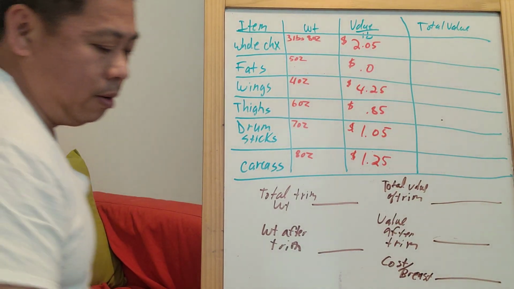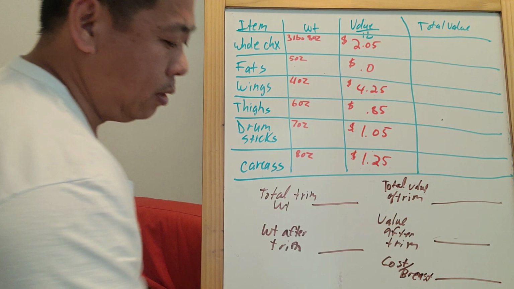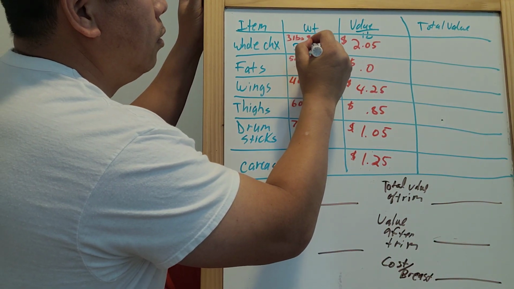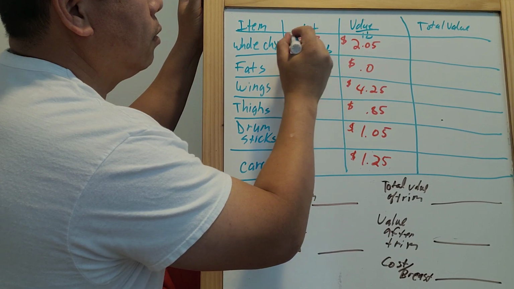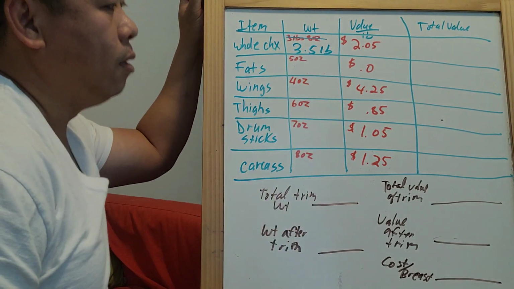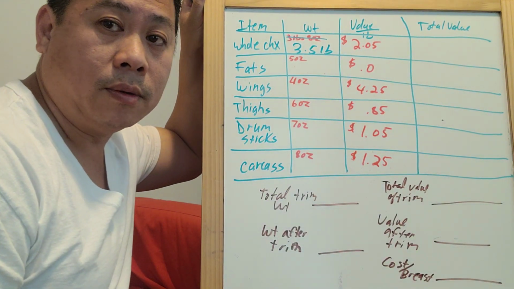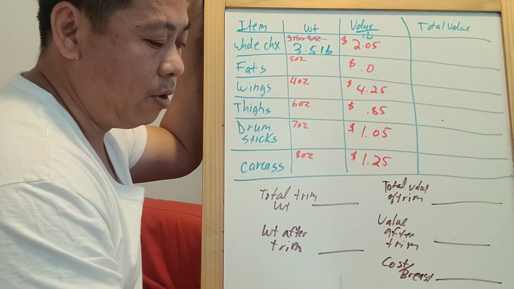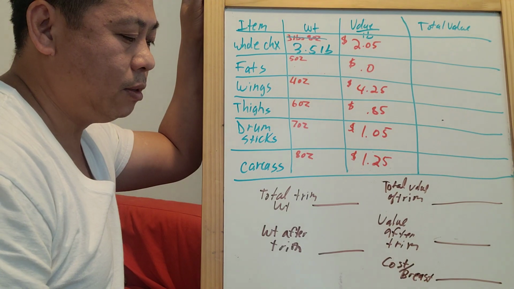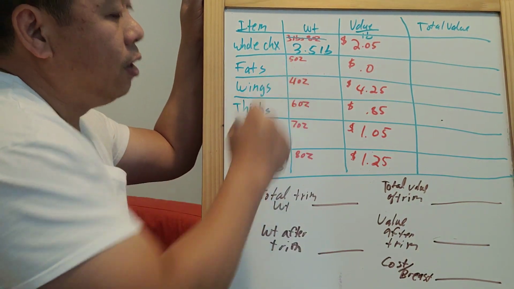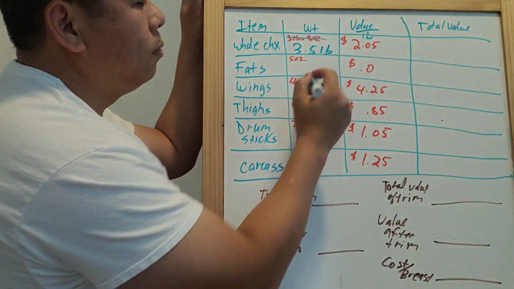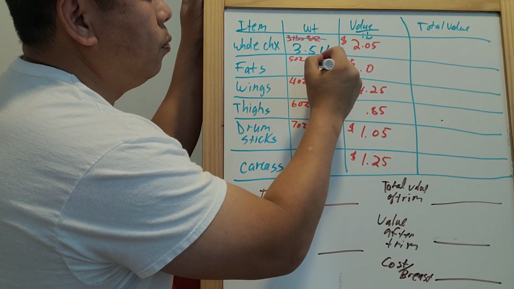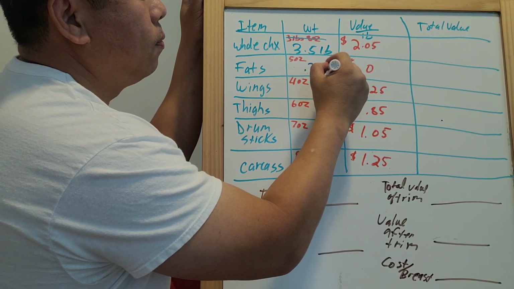So the whole weight of this chicken is about 3.5 pounds. Now we're all in one unit, a pound unit instead of pounds and ounces. 5 divided by 16, rounded off to 2 decimal places, gets about 0.32 pounds.